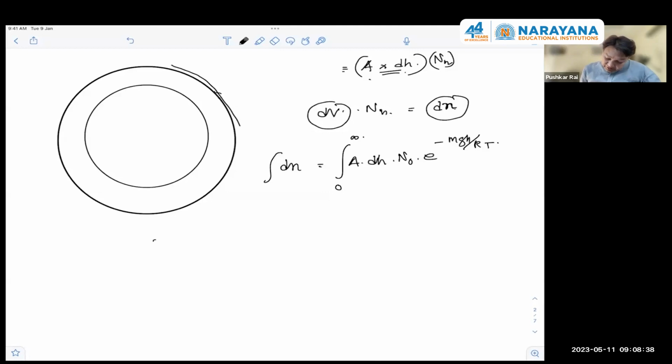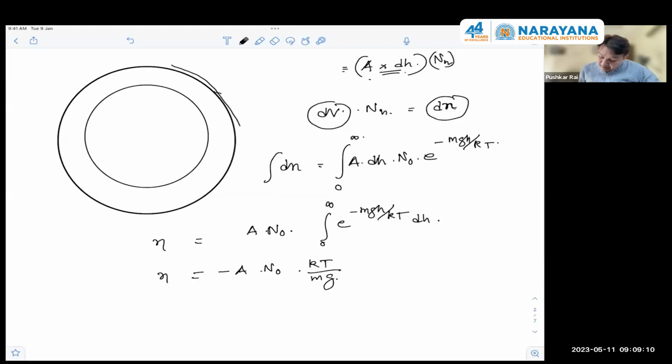If you integrate it, you take out A and n naught, and the integral from 0 to infinity of e to the power minus mgh upon kT into dh is N. So N is equal to A into n naught, and with a negative sign, we have integrated this to kT upon mg, and you have to put the limit on e to the power minus mgh upon kT.